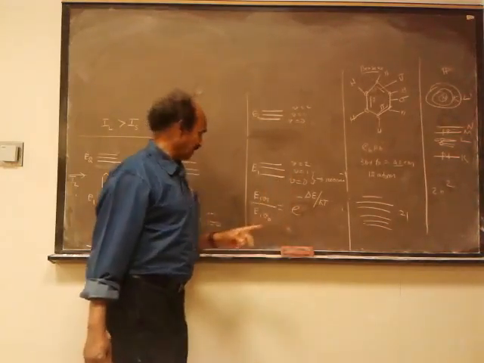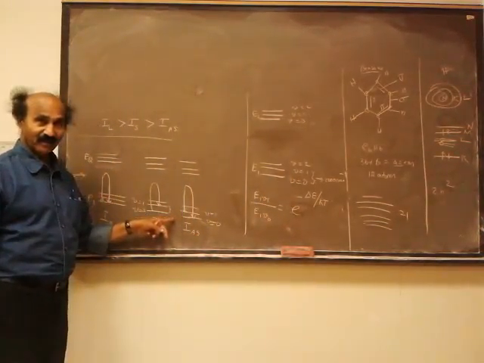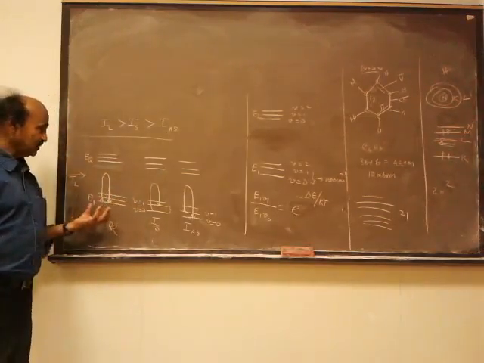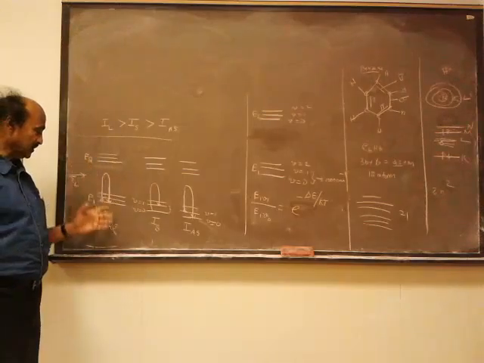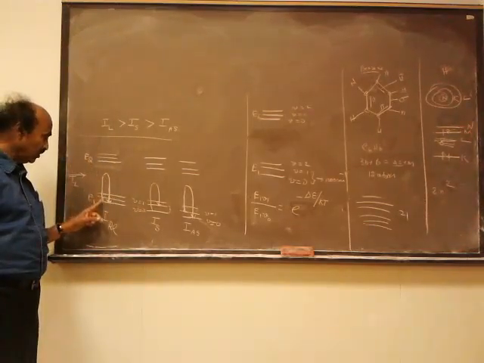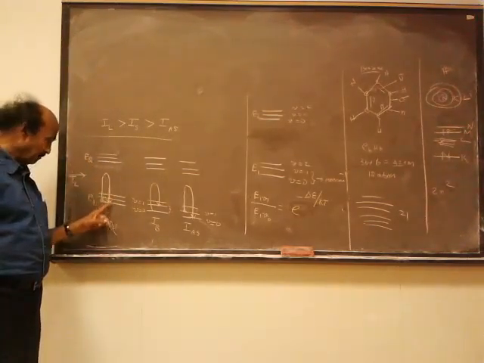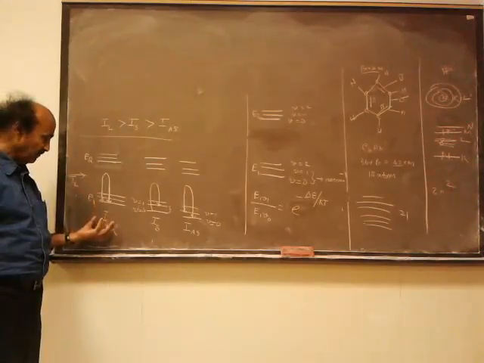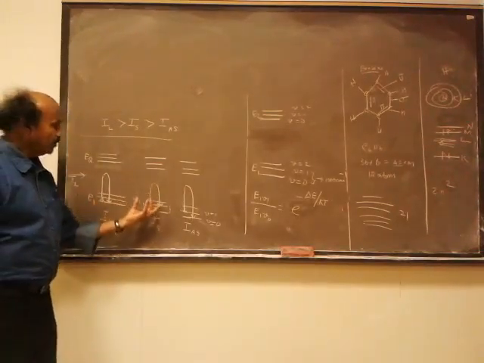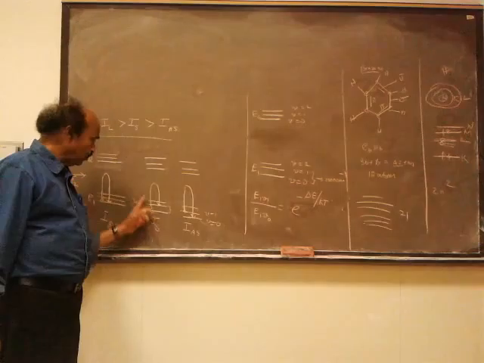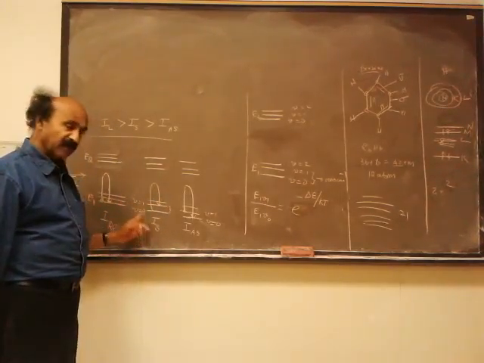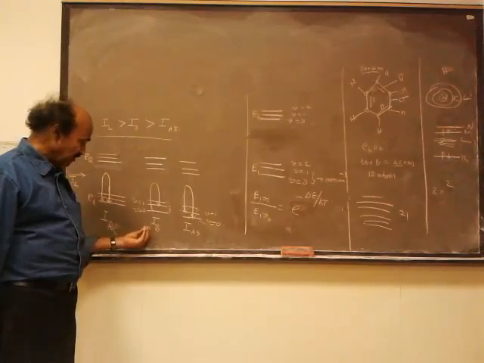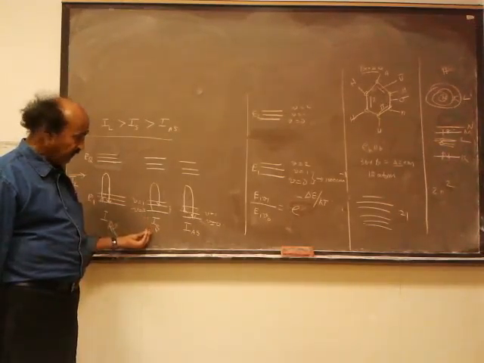What does it mean? If I do this experiment with 100 molecules, then what happens? 50 molecules will go and come back, producing light. 20 molecules will go and come back here, producing less vibration, less energy.